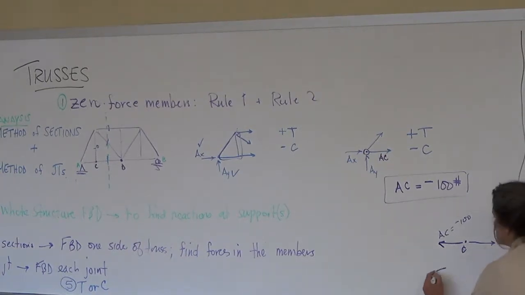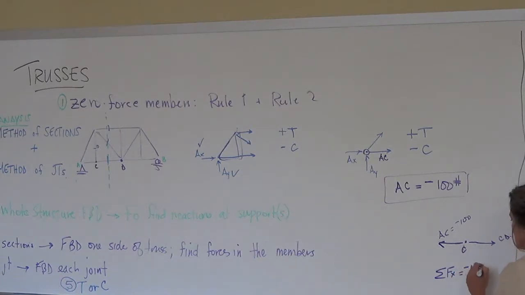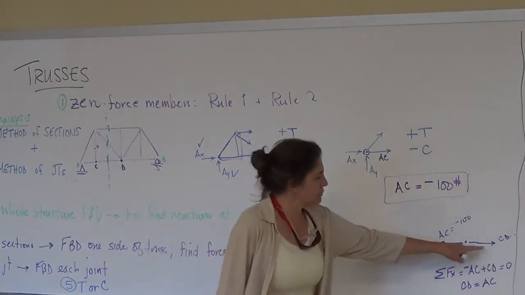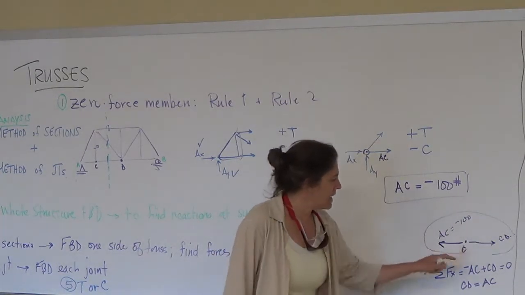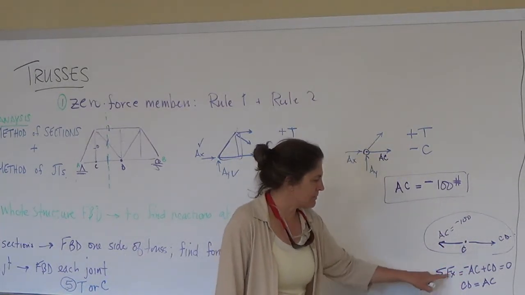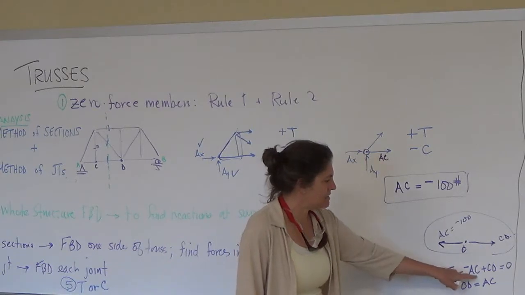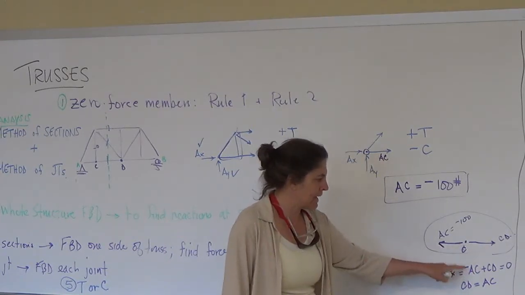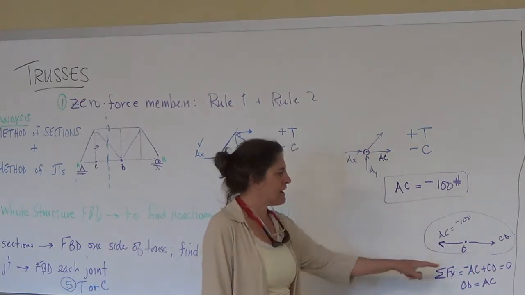Okay? So I do the sum of the forces in the X: negative AC plus CD equals 0, and CD is going to be equal to AC, correct? Did I do all my math and signs correctly? So the sum of the forces in the X for this free body diagram right here. AC is negative. The sum of the forces in the X is minus AC, and I'm putting a negative in because it's going in the negative direction.